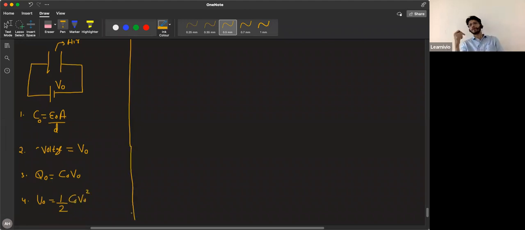See, you have initial capacity, you have initial voltage, you have initial charge, you have initial energy. This is the initial condition which will be given in the question.